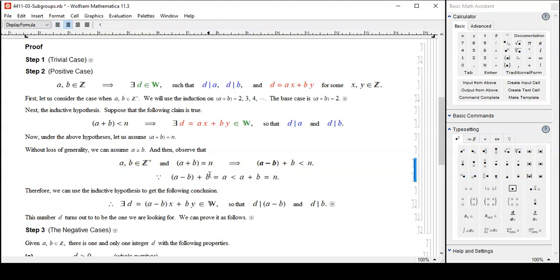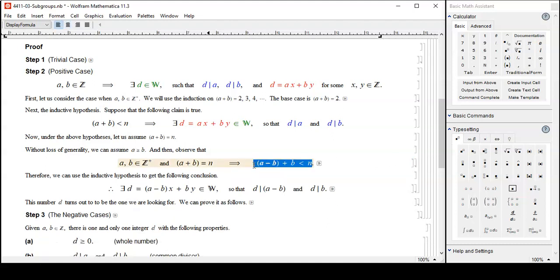You see, this b and that b cancel out. And that's less than a plus b because b is positive. You see, a and b are both positive integers. And that's equal to n. So we have the sum strictly less than n. Okay, comfortable?